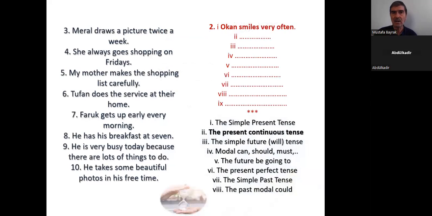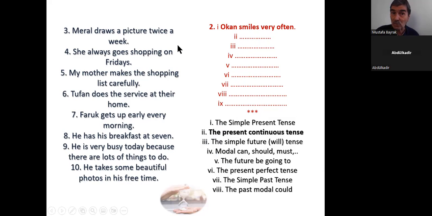For example, here are some model sentences, and you can put them, as I did in the previous page, in different forms or formats of tenses, okay? Past, present, future, modal. For example, all of them are in simple present tense, okay? In Roman number 1. For example, Okan smiles very often.